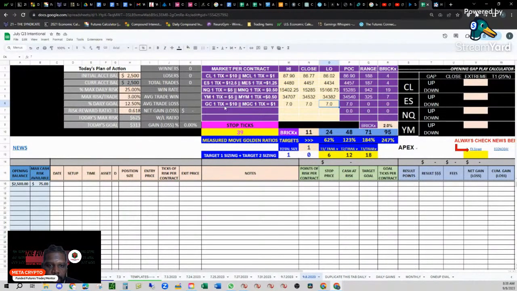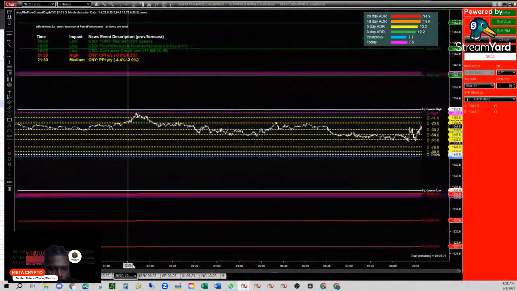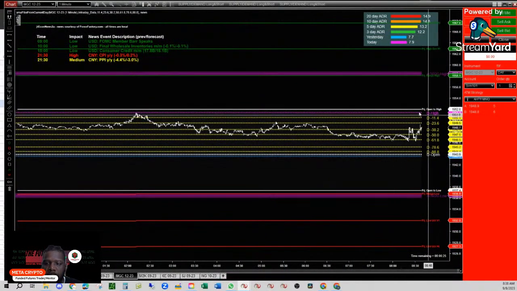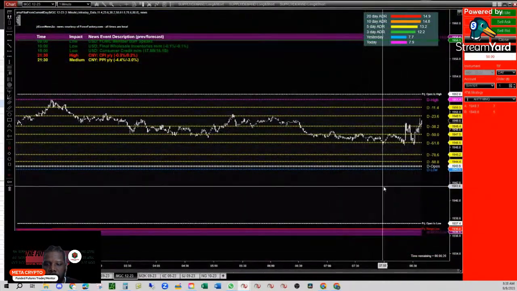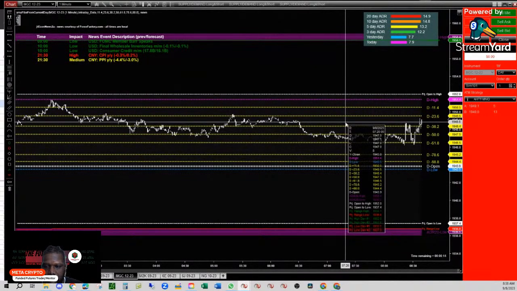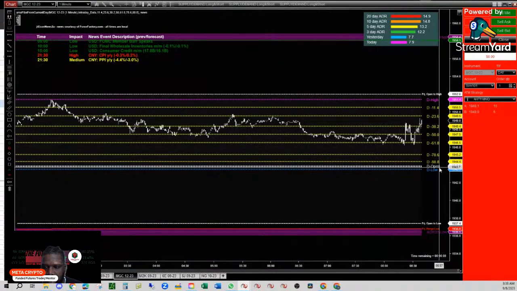So for gold, GC is gold coins. We're going to go to the gold chart. This is the price of gold, y'all. If you ever want to know, well, this is the futures price of gold, not actual gold bars. Yesterday's close on gold was 1943.8, which is right here in this area.